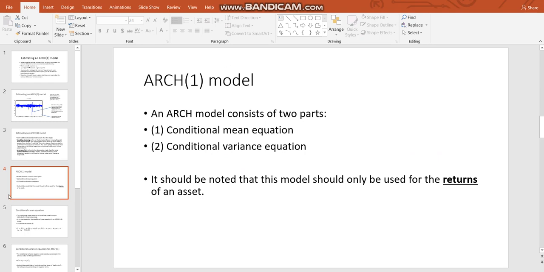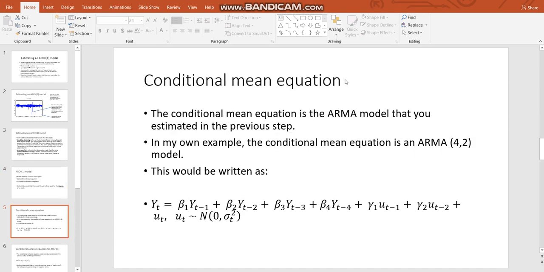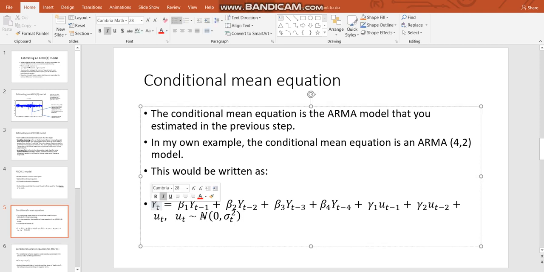So just very quickly, moving on then, how do you calculate your conditional mean equation? Your conditional mean equation will be the ARMA model that you estimated in the previous step. And in my chosen example, that would be an ARMA(4,2) model. And that's how you'd write it down, by the way, just in case people don't know.